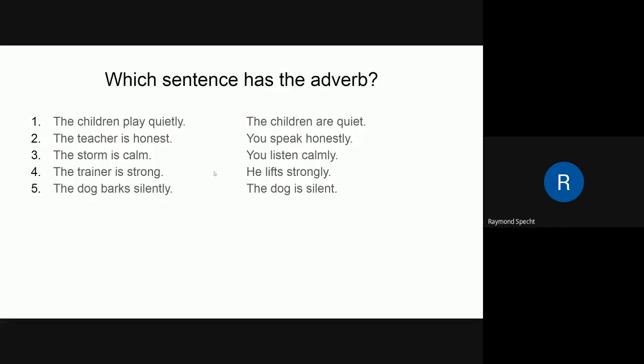All right, so which sentence has the adverb? Did you find this easy, or was this difficult for you? Let's check our answers here.